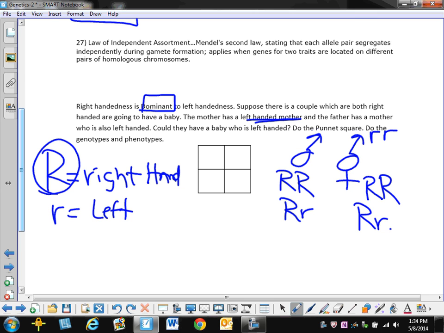I know, guys, this is boring, but you got to do it. The father has a mother who is also left-handed. And they're doing this for a reason. If this little r is going to show up, this is what dad is. This is what mom is. So plug these in.